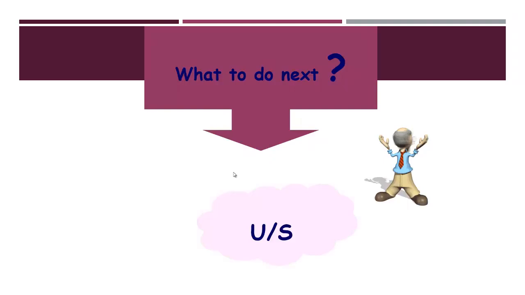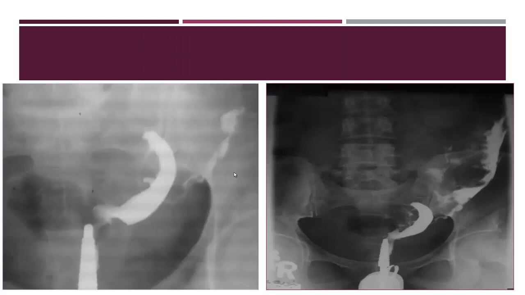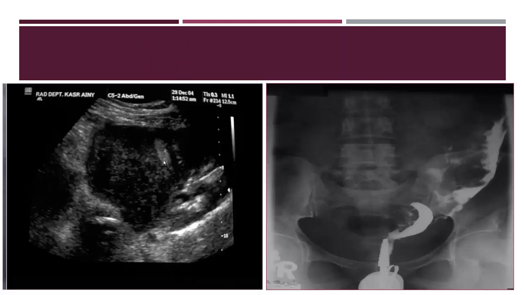So what to do next? When I find an abnormal contour of the uterus, I must do an ultrasound and have a look. In this case, when we do ultrasound, it is just a large intramural fibroid displacing the cavity to the left side.